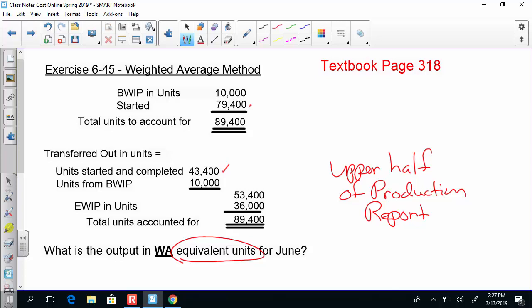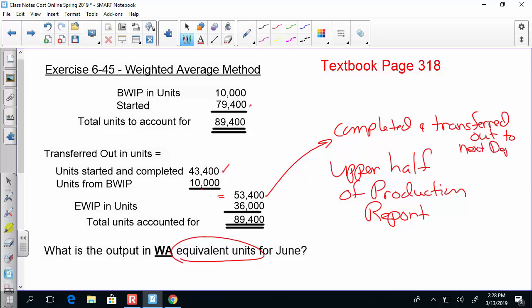Of that, 10,000 came from beginning, and in total 53,400 were completed and transferred out to the next department, or to finished goods if it's the last department.